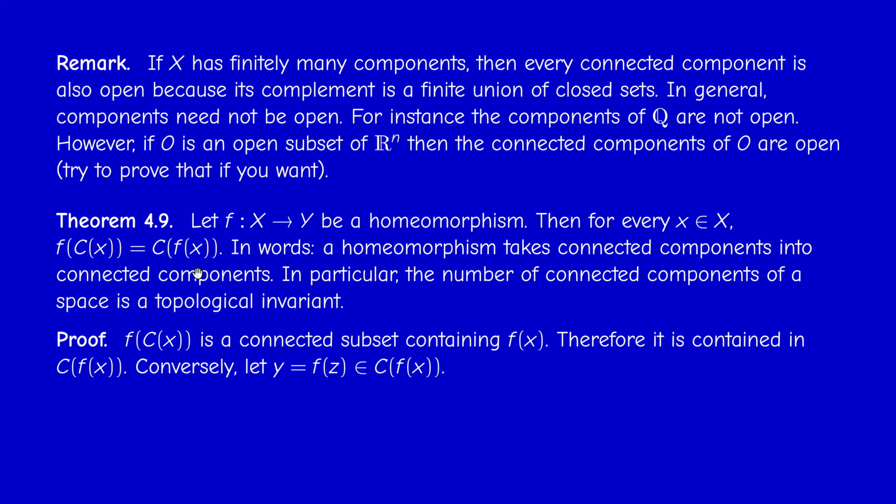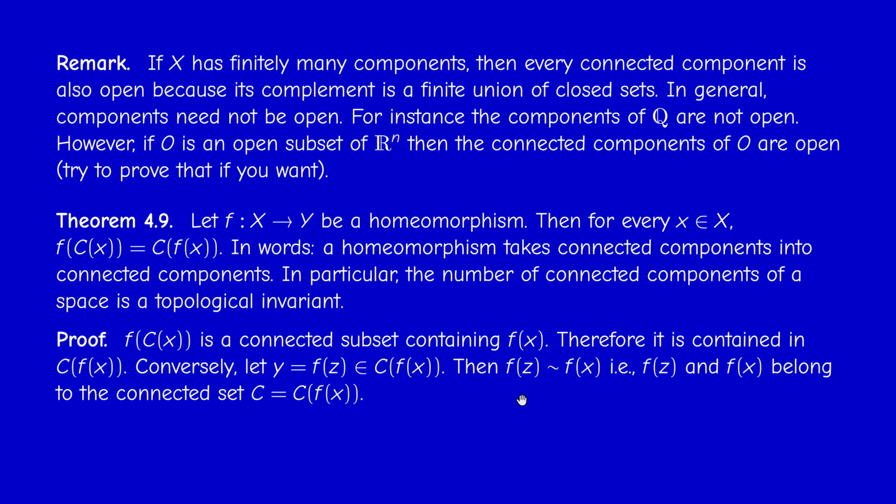Now, conversely, take an element y in C(f(x)). Now, because f is a bijection, y is the image of a certain element z. So y is equal to f(z), and therefore f(z) belongs to this connected component containing f(x). What does it mean that f(z) is in the connected component containing f(x)? It means that f(z) and f(x) are related, so they belong to the same connected set, which is actually C(f(x)).